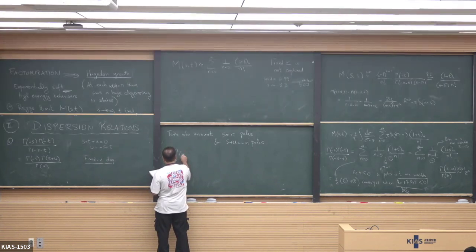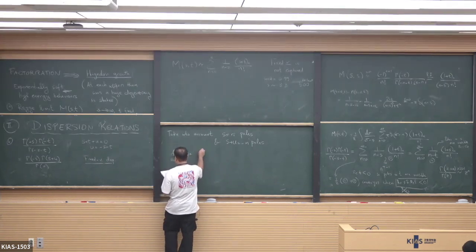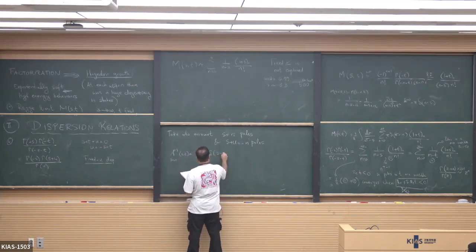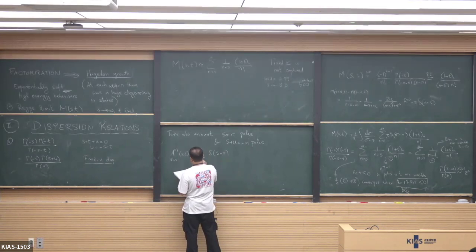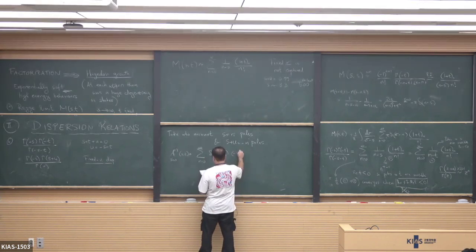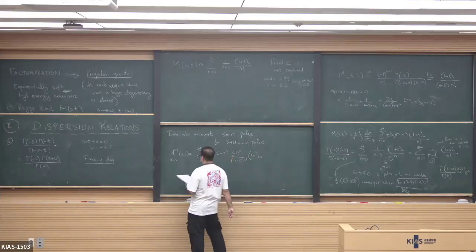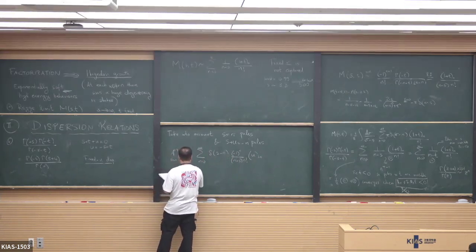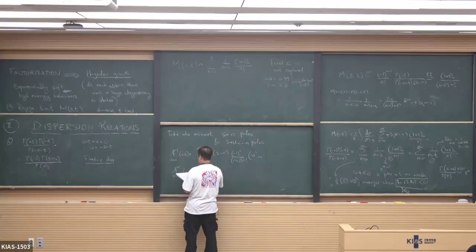So the absorptive part, or the discontinuity of the amplitude, is going to be a sum of delta functions, n running from 0 to infinity. And this is minus 1 to the power n over n minus s, n factorial, and a Pochhammer in U. And the second piece of information that you need is when s is minus u minus n, the absorptive part in the s variable is again a sum of delta functions.